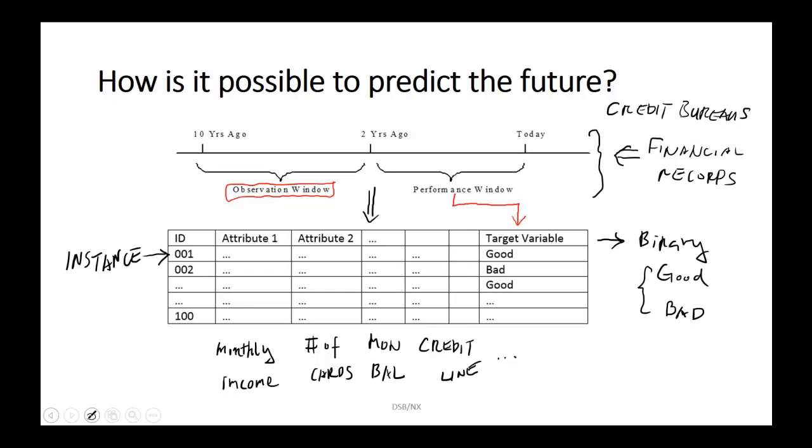We call each of these pieces of information an attribute. And oftentimes, demographic information will also be collected and transformed into a number of attributes. Now remember, attributes are based only on information in the observation window.